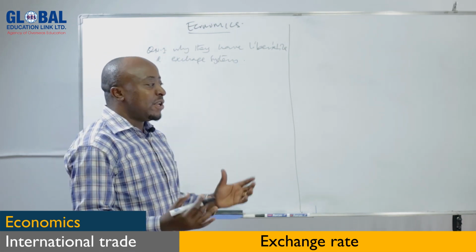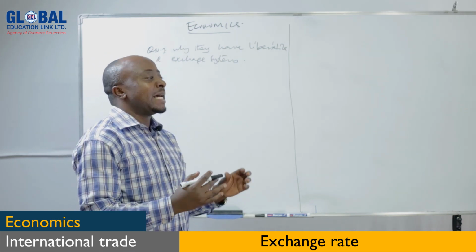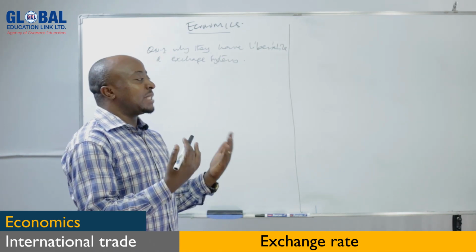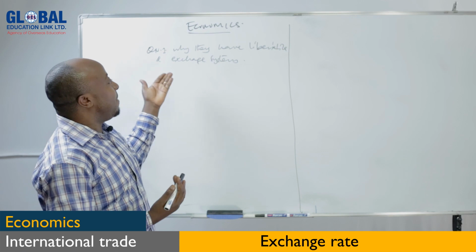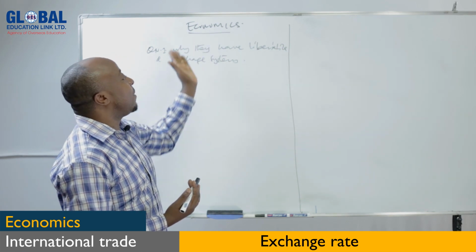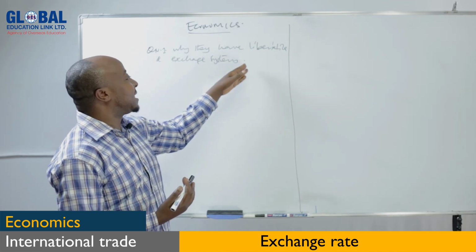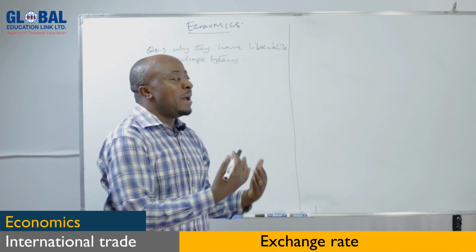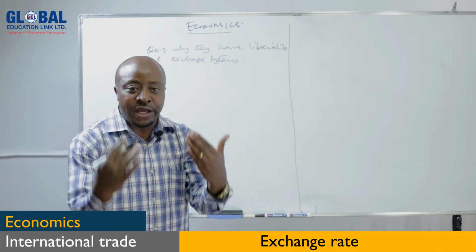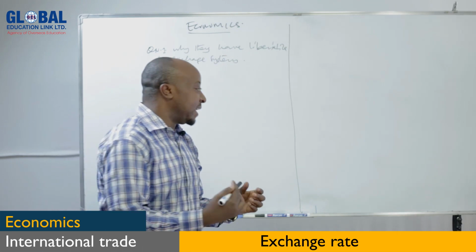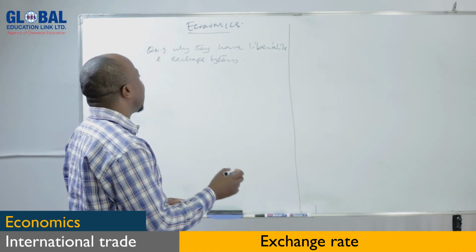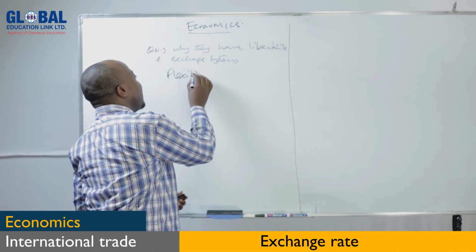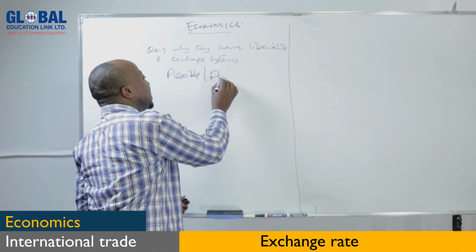It means individuals and enterprises have maximum freedom in their decisions. Now, we have to ask why most of the countries have liberalized the exchange rate system. It means what has caused these countries to make their exchange system most free. That means the exchange system has gone back to, if you remember, the flexible, or the floating.